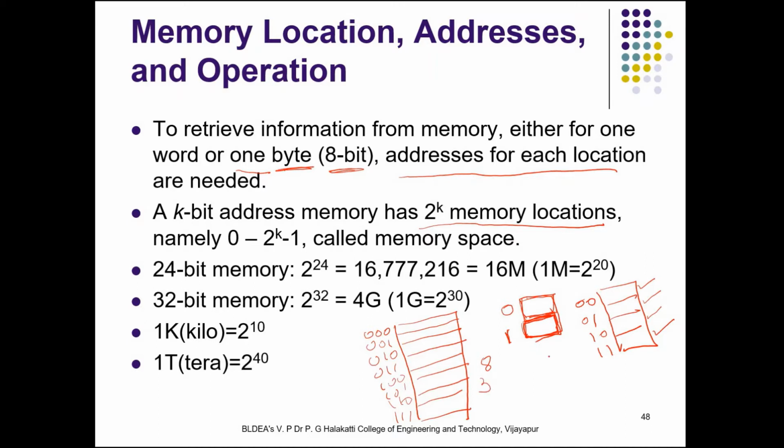Here for 2 locations, I need 1 bit. For 4 locations, I need 2 bits.